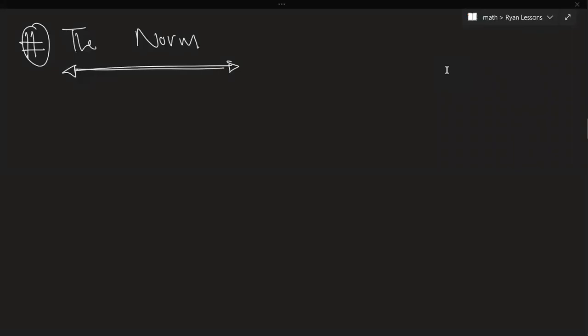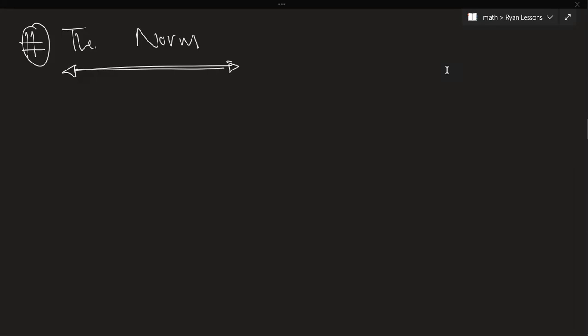As I was saying, the norm. Immediately when we define an inner product in a given space, there are some other things that can be defined within that vector space. One such thing is the norm.